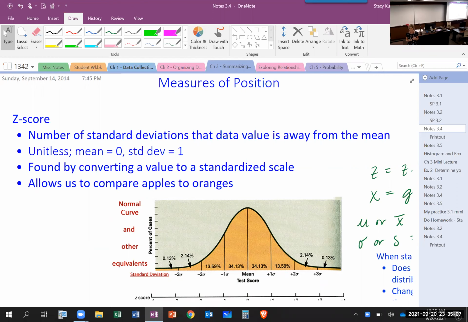Well, how do I know who had the higher score if they're both based on different scales? If the SAT is based out of, let's call it 1600, and you made 1200 out of 1600, and you have somebody else who took the ACT, which I'm going to say is based on 32, and you had somebody who made 30 out of 32. Who made the better score?